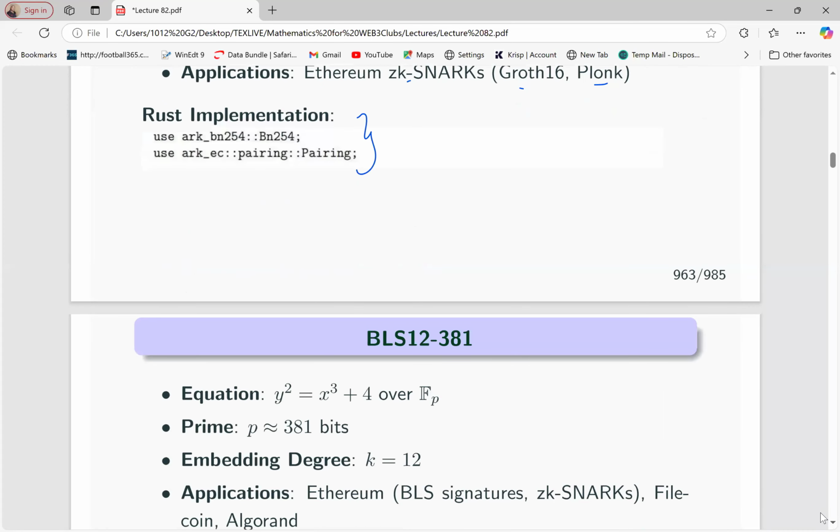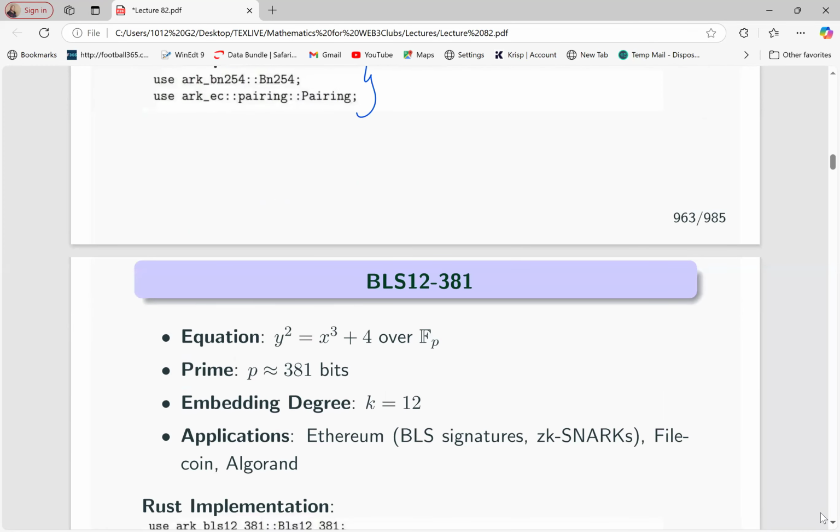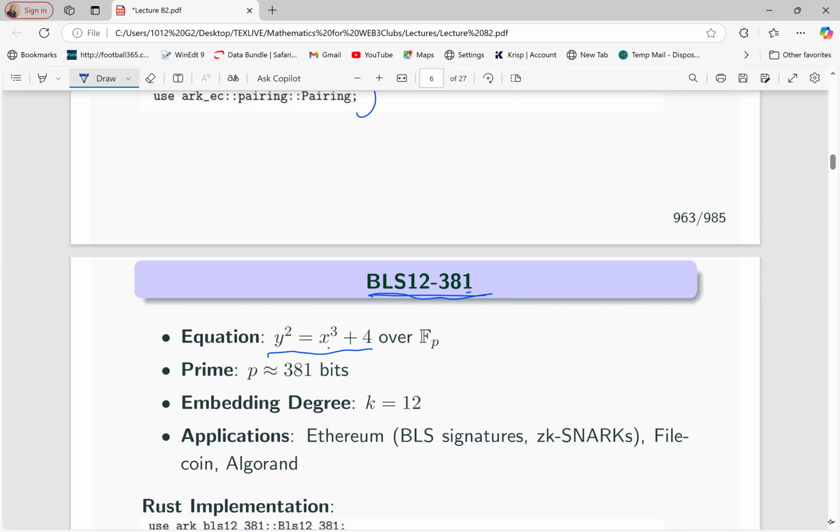The other one is this BLS12-381, which is another elliptic curve. This is an elliptic curve of this form. So this is x cubed plus 4.